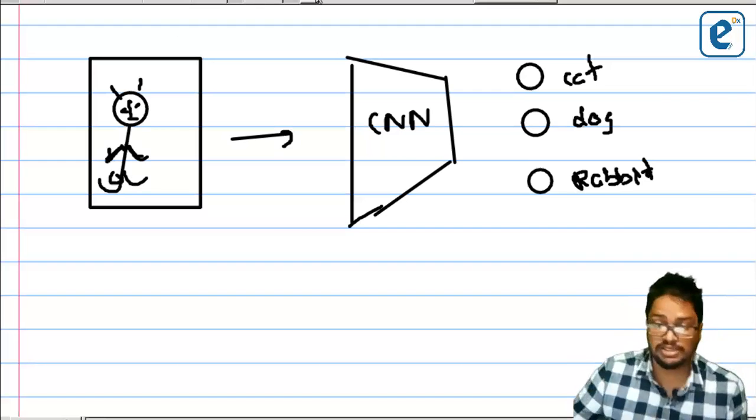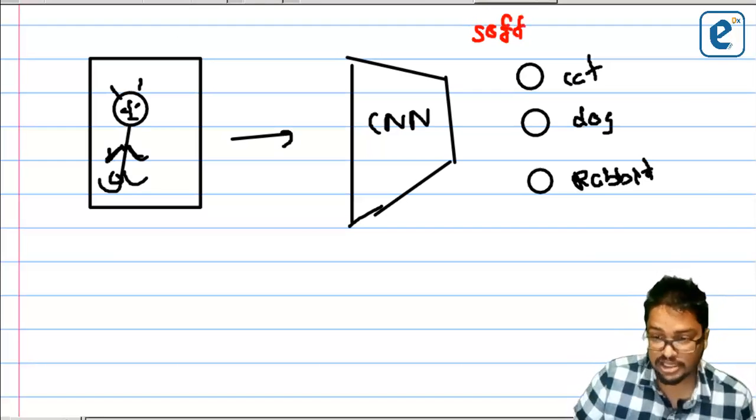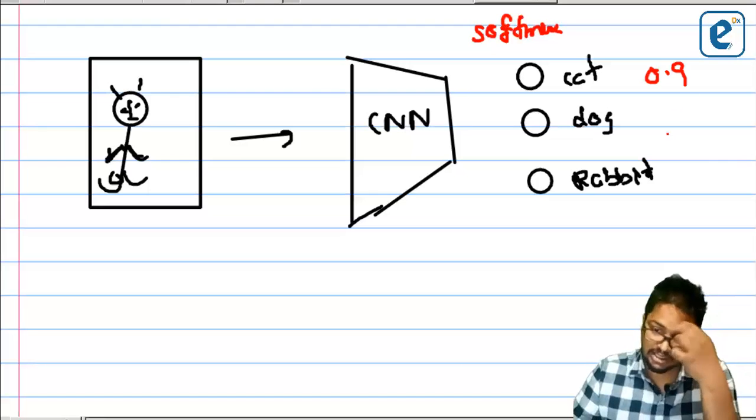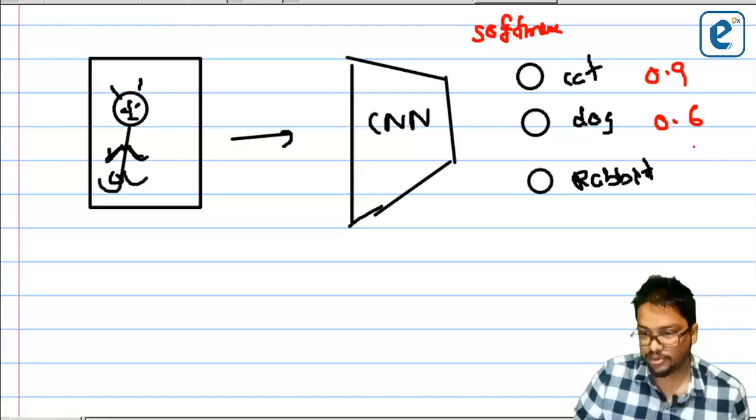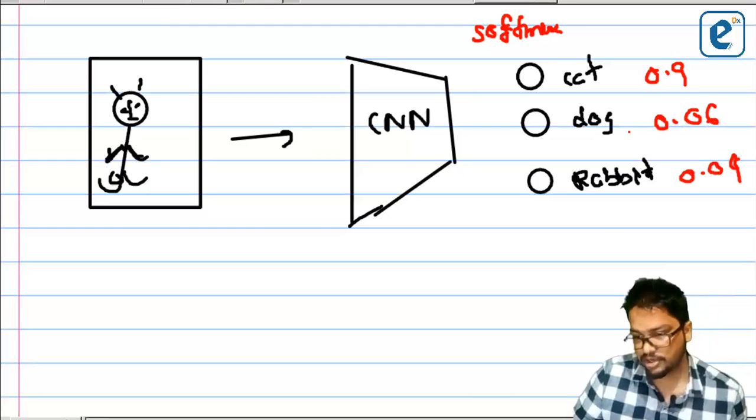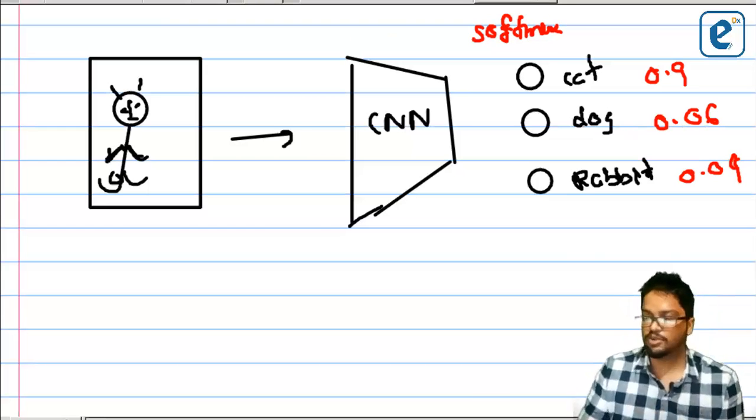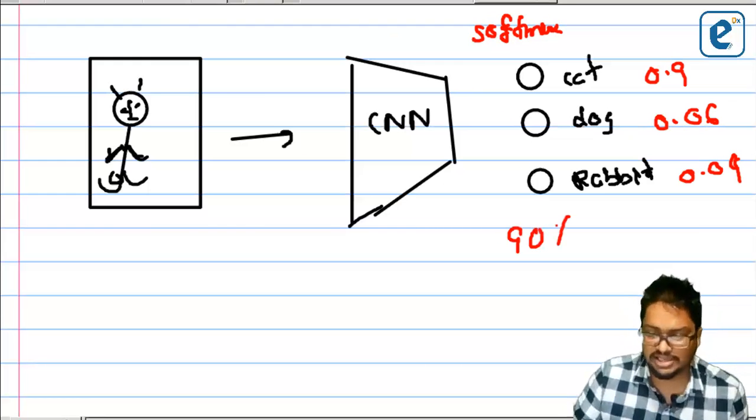The advantage of having softmax here is that it's going to give us something like 0, 0.9, 0, or 0, 0.6, 0, 0.04, right? So it's going to give us a probability. So we can say, okay, it says 90%, this is a cat.